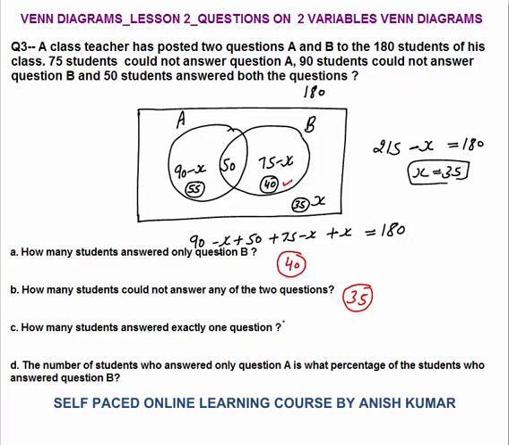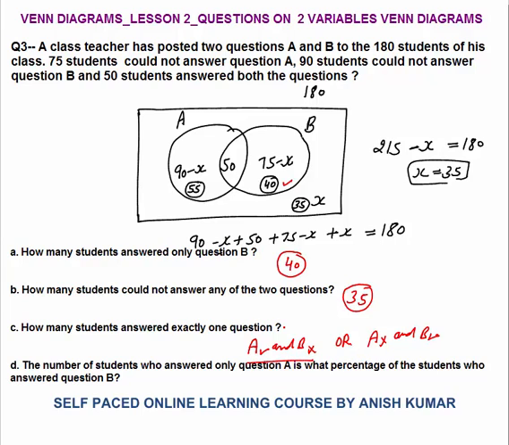Now, how many students answered exactly one question? Exactly one question means that either they answered A correctly and B is wrong, or we need to count those who have A wrong and B correct. A correct and B wrong means only A correct.